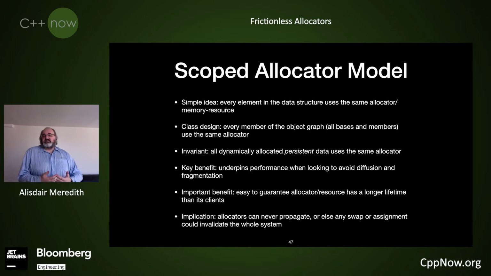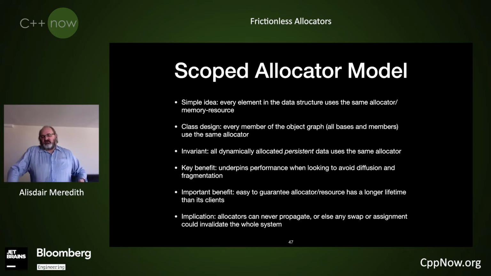Now there's an invariant: any dynamically allocated persistent data uses the same allocator. This is guaranteed when you use the allocator traits model with PMR, because the allocator supply hooks in to say, whenever you try to construct something, I will also add the allocator arguments in to retain this important invariant.